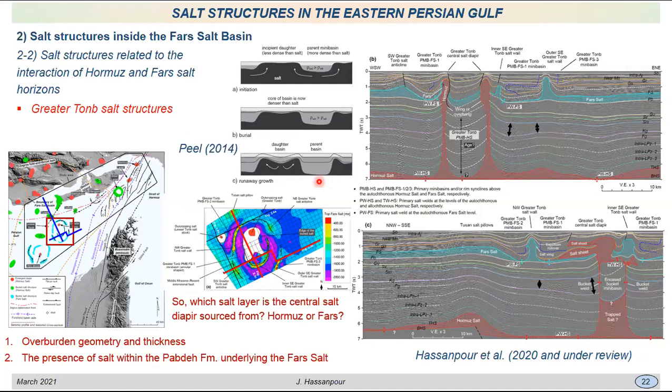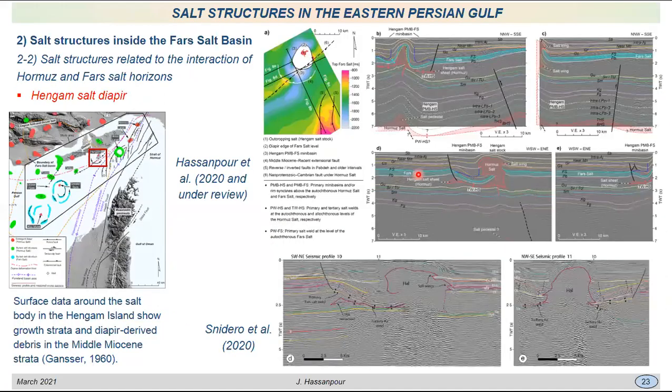So the third area is called the Hengam area or Hengam salt diapir, just to the northeast, close to the northeastern boundary of the Fars Salt.